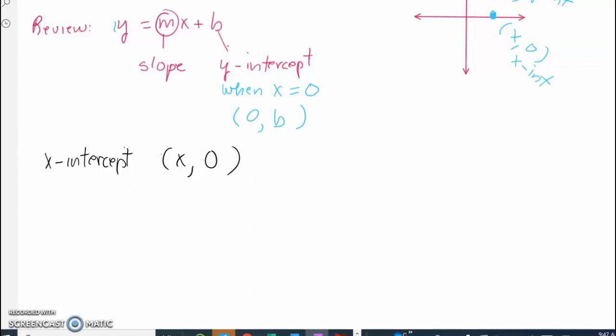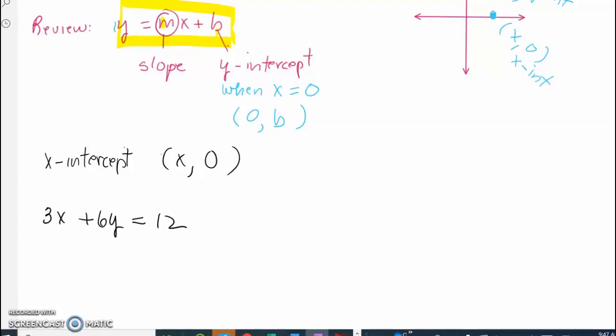Okay, so now let's get back to our equation. The problem is our equation of 3x plus 6y equals 12 is not in the form of y equals mx plus b. This is the form we want to get it into so we can extract the m and the b from the equation.